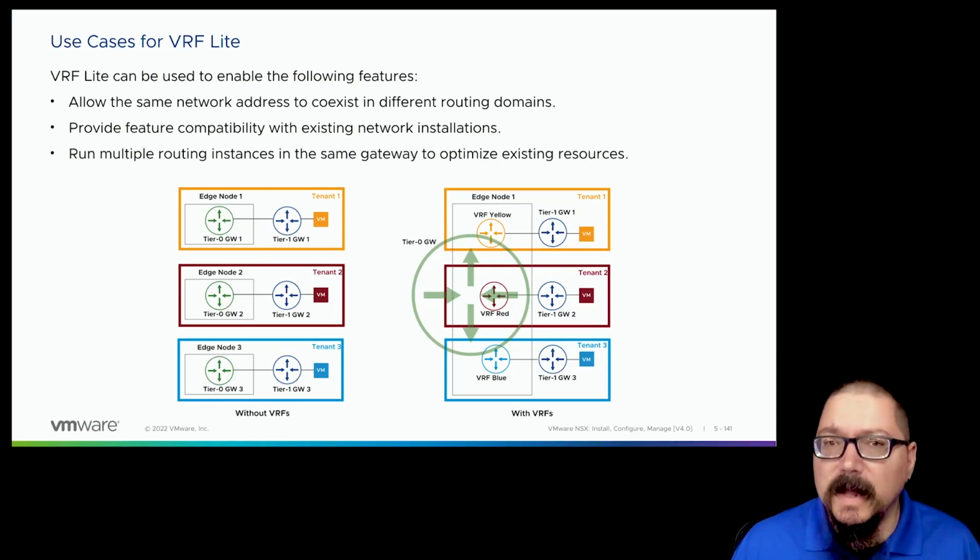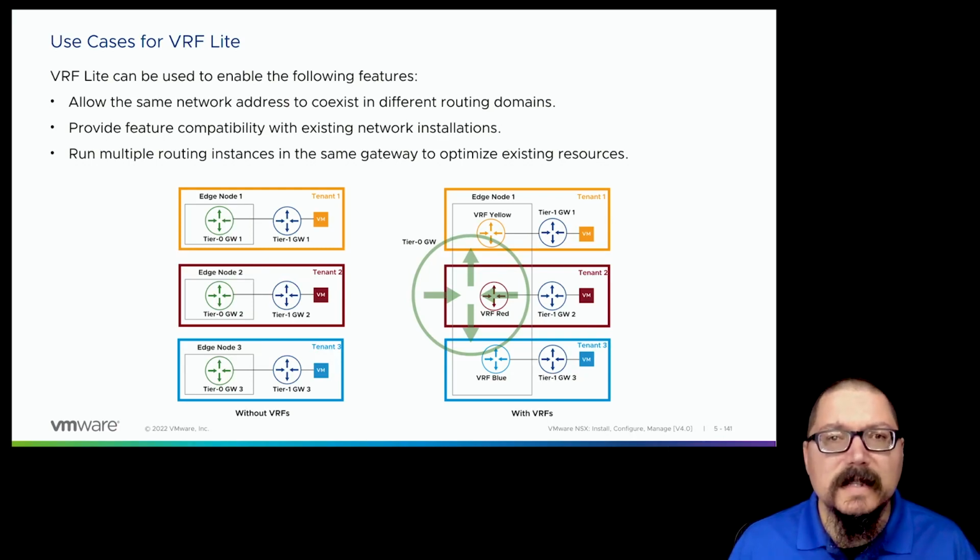And it may go further and it may mean that I need 3 edge clusters and 3 sets of edge nodes. With VRF Lite, I could consolidate all of those independent routing domains onto a single edge node if I so desired, or perhaps a single edge cluster might be a more reasonable way to approach it. But it allows me to consolidate resources.